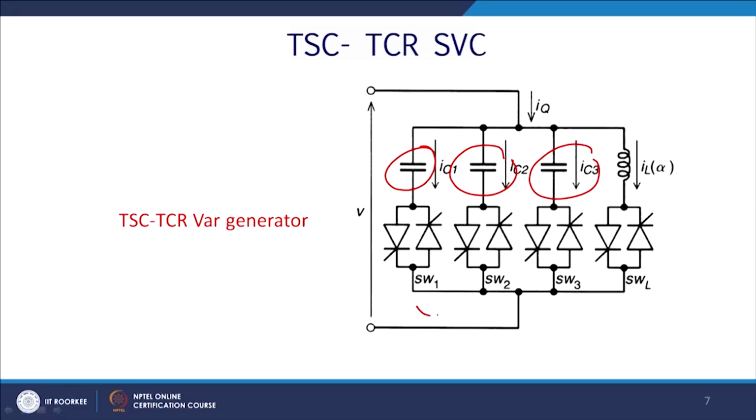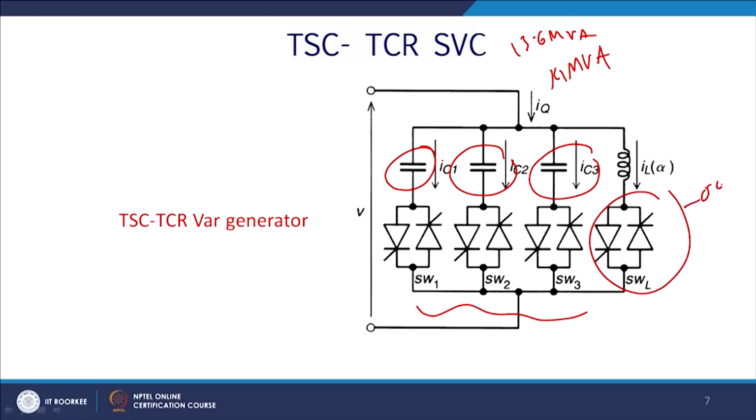So, let us say there are 7 such branches. So, that will be 14 MVA capacitive, and we would require actually 13.6 MVA. So, minus 0.4 MVA will come from this TCR.